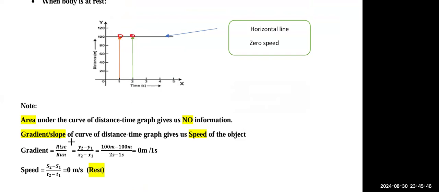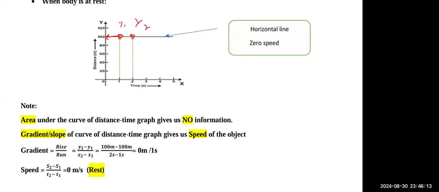Okay, so the formula is rise over run. Rise means y2 minus y1. You have to find the interval on the x-axis. So these are 2 points, you have to move to that side where it will touch the y-axis. This is your y1, and this is your y2.